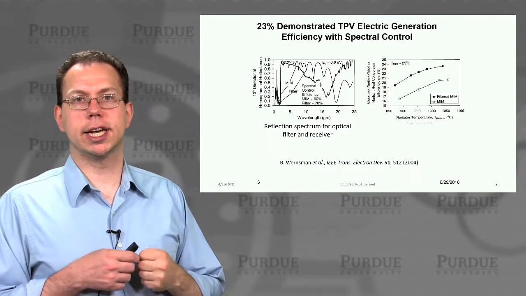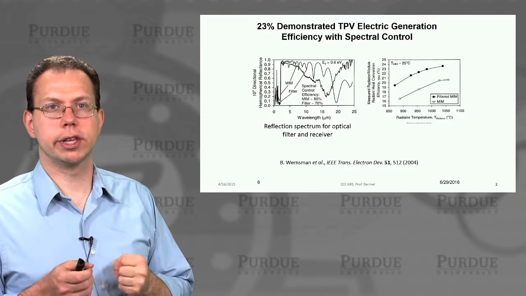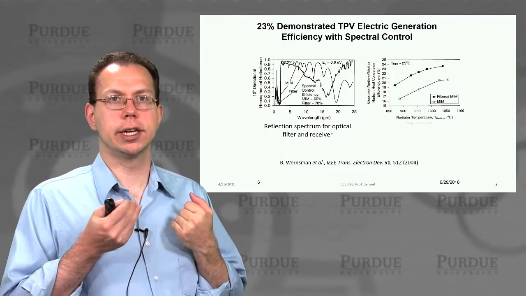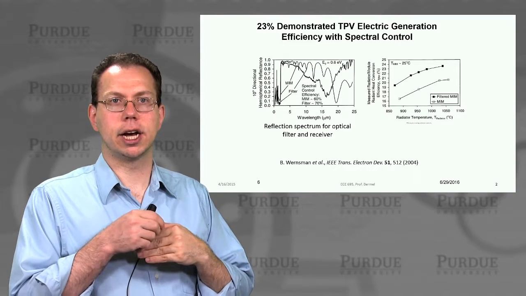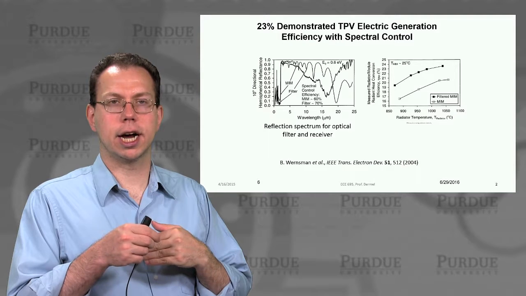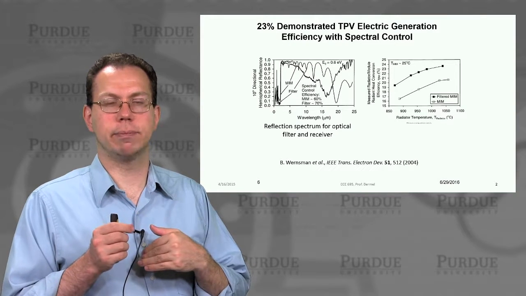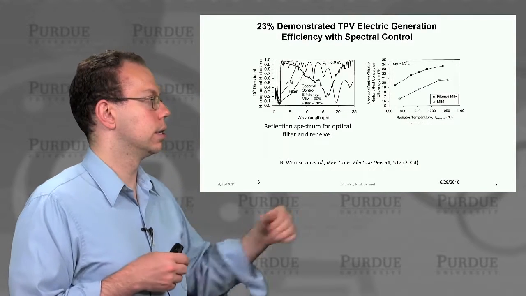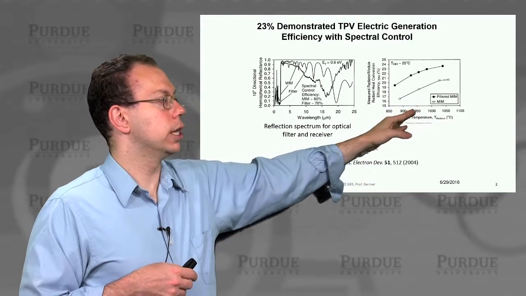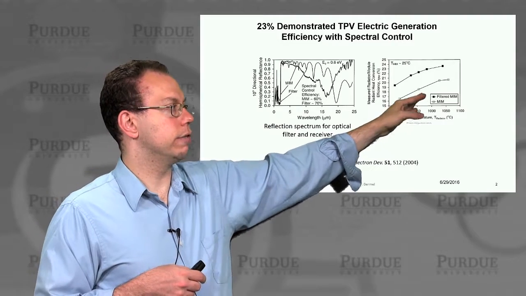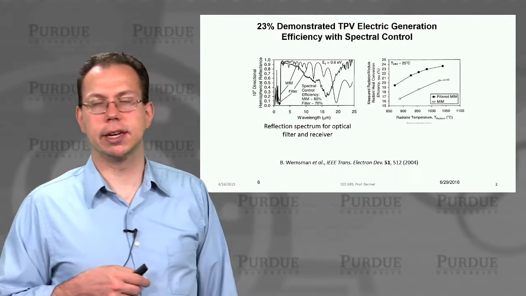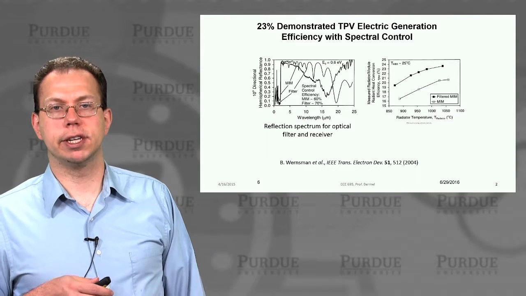So that represents a significant value of this photon recycling if you're in the appropriate geometry, so that it's very likely that photons that are sent to the receiver and are not absorbed can actually be received back by the emitter. Okay, so that shows that that kind of approach allows you to have a big boost in efficiency over the whole range. And so that's how we get up to about 23% efficiency at about 1050 C.